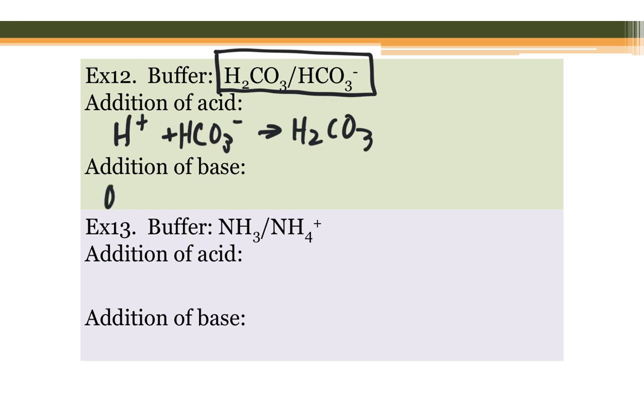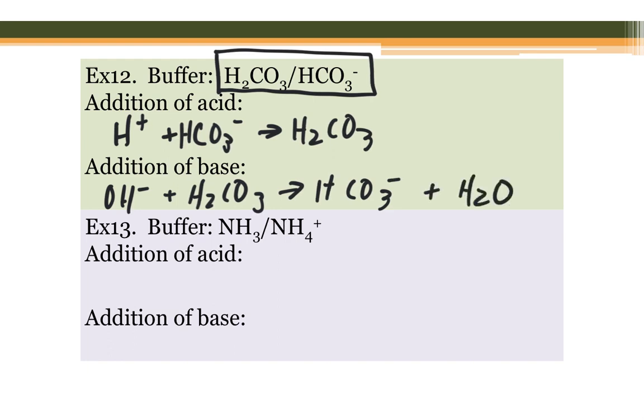If I added a base, hydroxide ion, it would actually add to H2CO3, and it would produce the bicarbonate, HCO3-, and water. So if you notice, I've got acid on one side of the equation and base being added on the other side of the equation. And as far as my products are concerned, I get neutral substances.